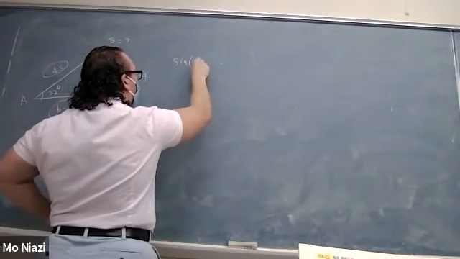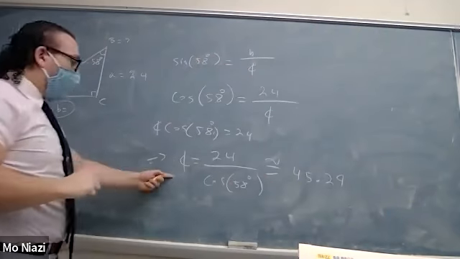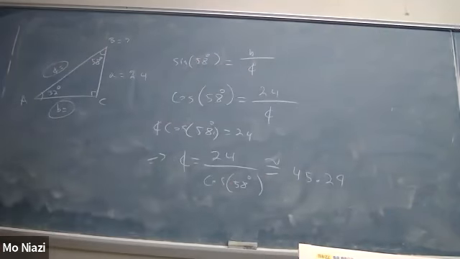And then that means c is equal to, so let's see, what is 24 divided by cosine of 58 degrees? 45.28899. So basically 45.29. Is that what we got for c last time? Yes.